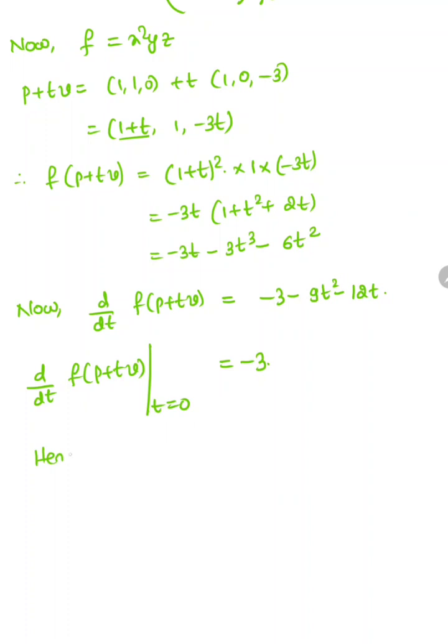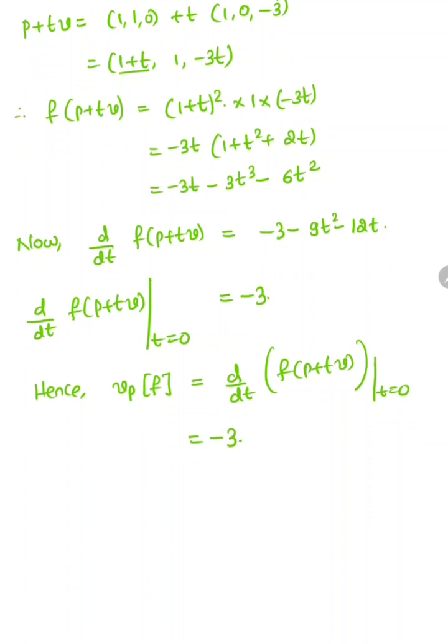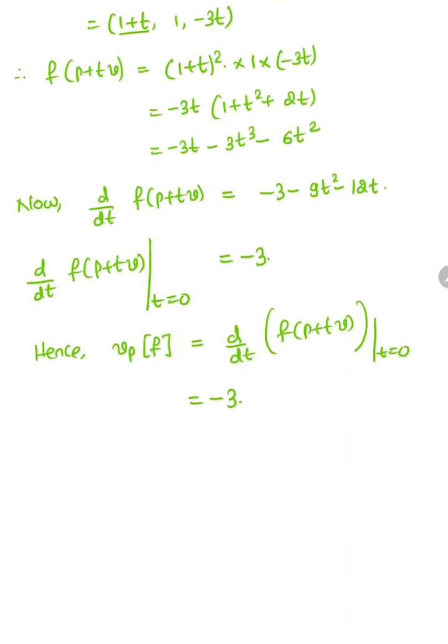Hence, the directional derivative of the function with respect to the tangent vector Vp along the direction of V is equal to -3. So this is how we find the directional derivative of the function by using the formal definition.